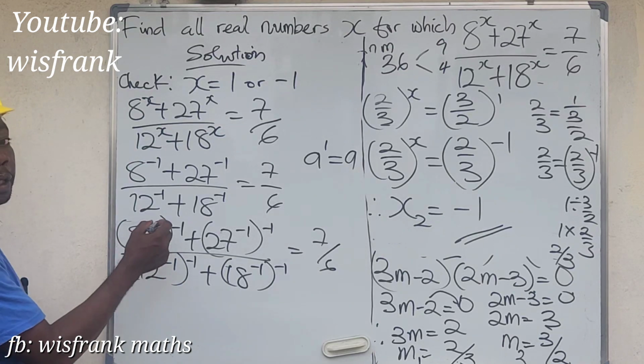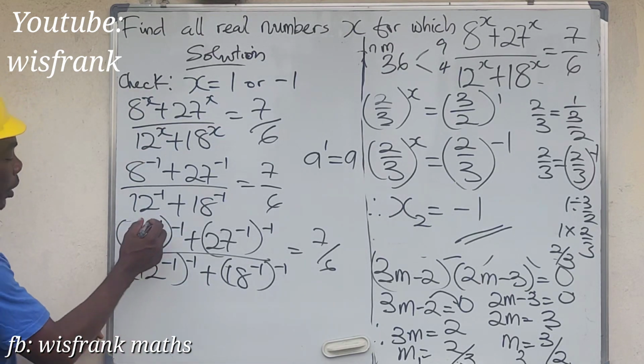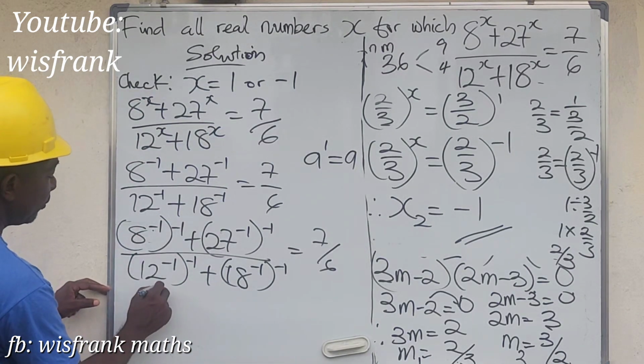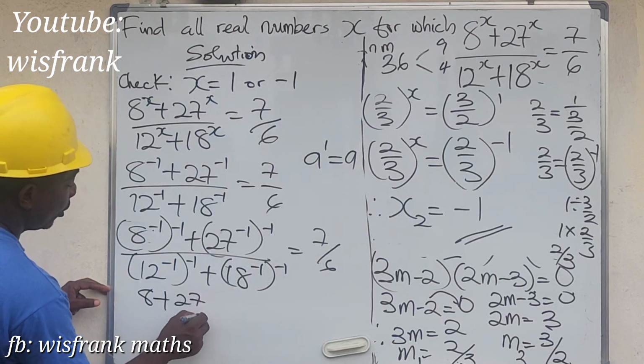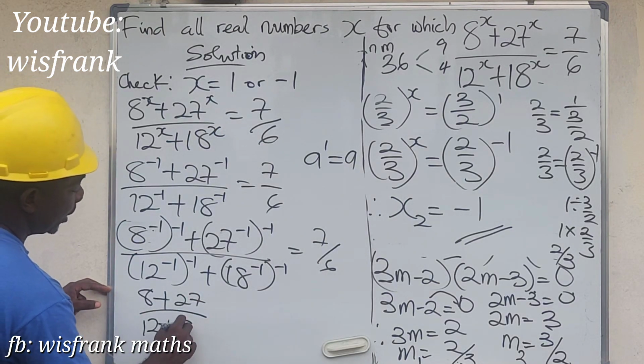You know, minus 1 times minus 1 is 1. So this is the same thing as (8 + 27)/(12 + 18).